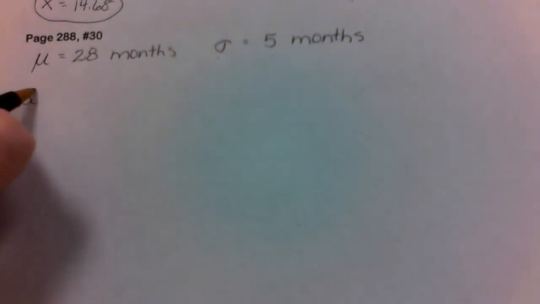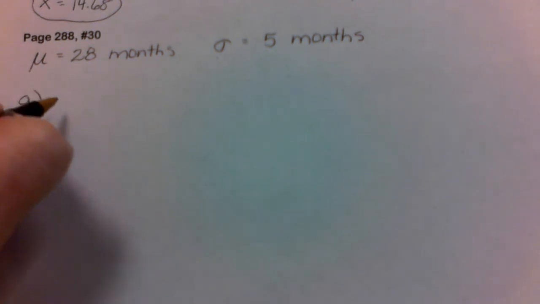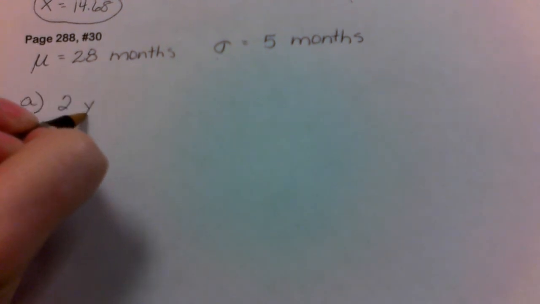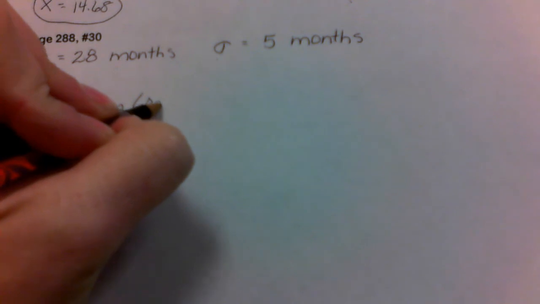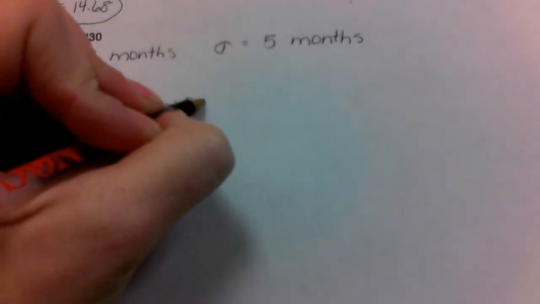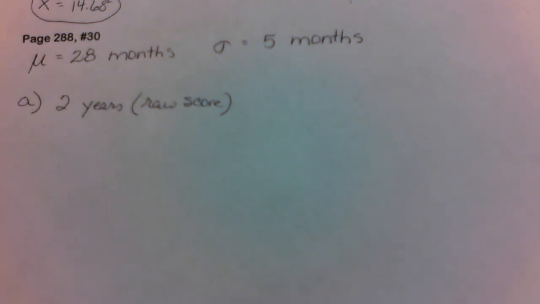All right, so part A, it reads, if Acrotime guarantees a full refund on any defective watch for 2 years, all right, so 2 years is its guarantee. This is a raw score, which tells me they have given me an x value.